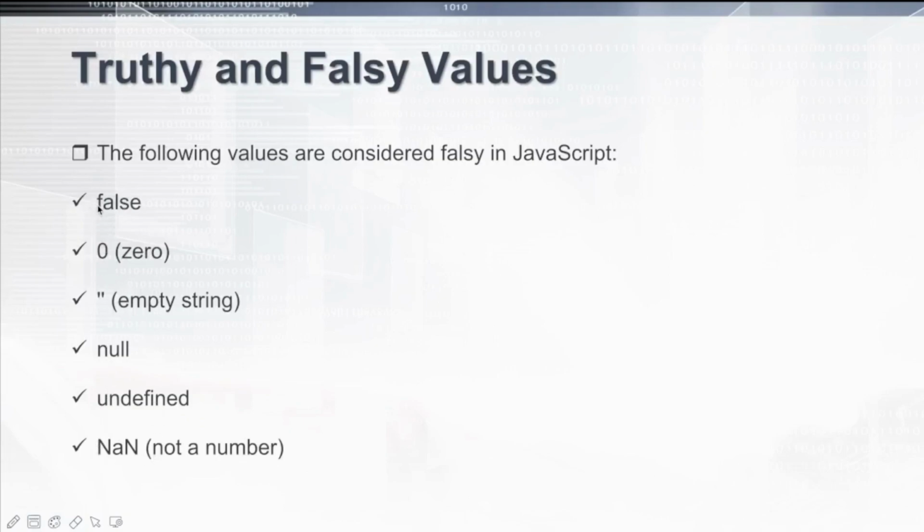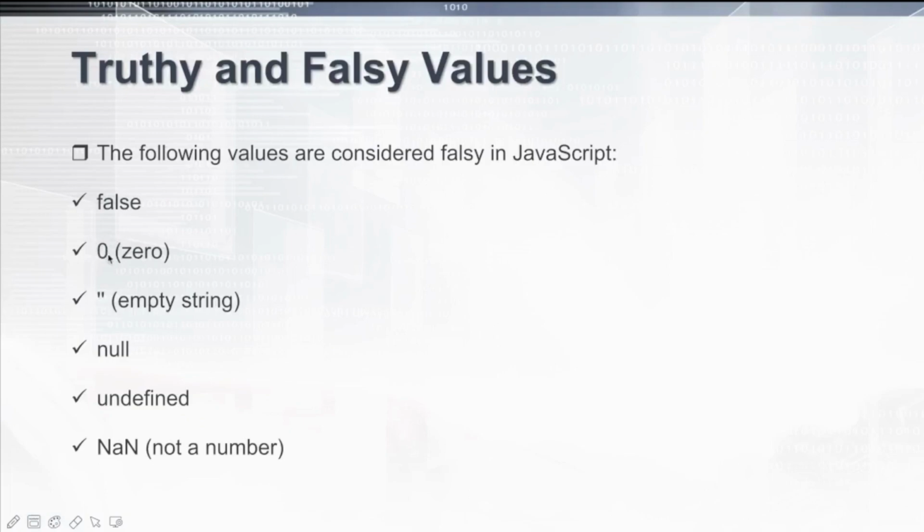So you need to take note of this. This is very important. False is false, 0 is false, 0 like in a number. Take note, if it's a string, it's not going to be false. If you put this in double quotes, this becomes a string and not a number.